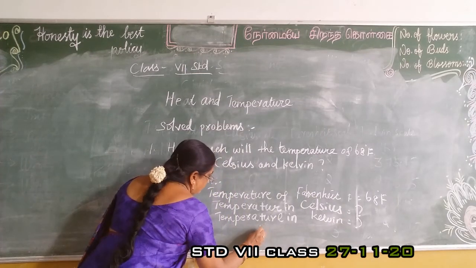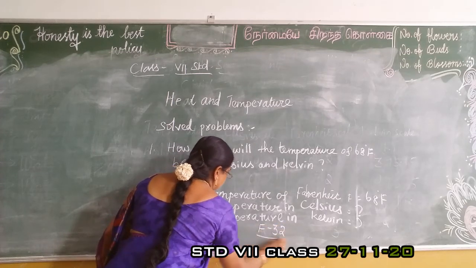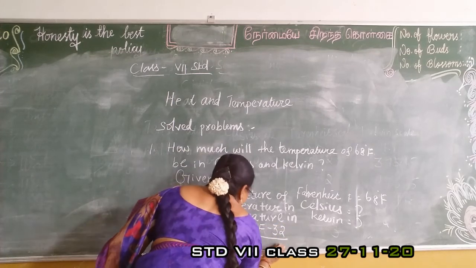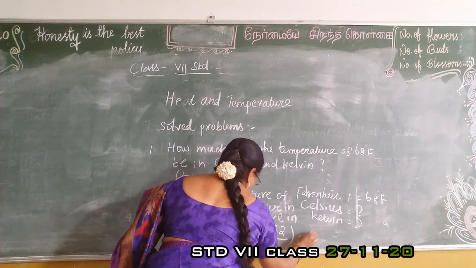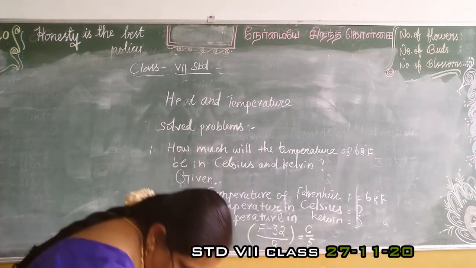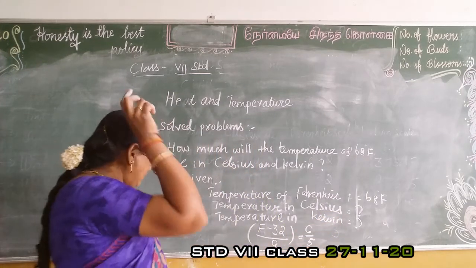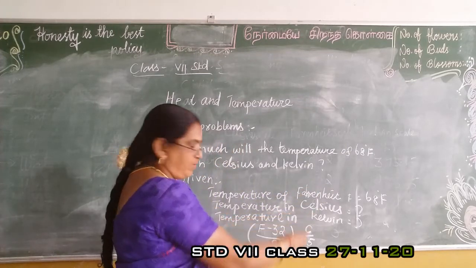The formula is (F minus 32) divided by 9 is equal to C by 5. Given the temperature in Fahrenheit, F is equal to 68 Fahrenheit.